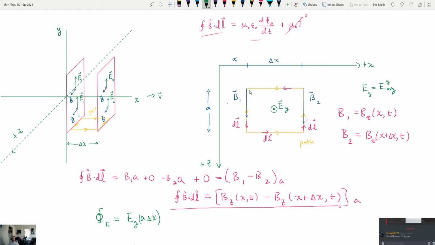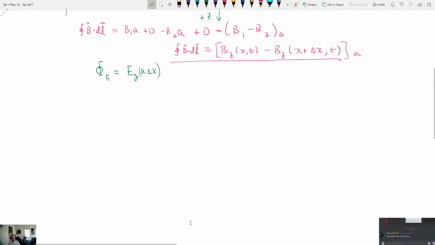And then we just need to put them together using Ampere's law. Ampere's law tells us that the integral of B dot dl is equal to mu naught epsilon naught times the time derivative of the flux, d phi E dt. On the left-hand side of our equation, we're just going to copy-paste this in here.